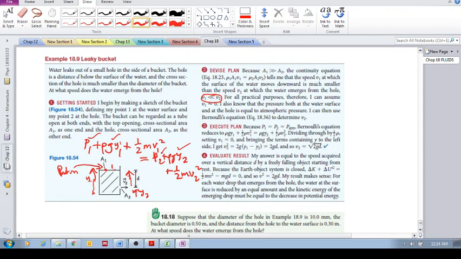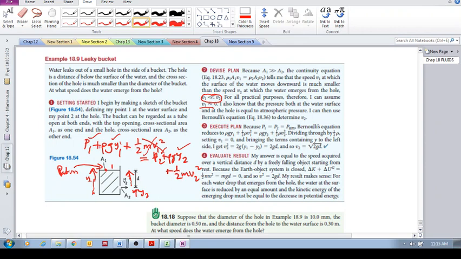So the speed over here of the water that's slowly moving down is much slower than the speed of the water flowing out the small hole. So we can assume that our speed 1 is 0. Okay, it's an assumption. For practical purposes, we assume that speed 1 is 0.